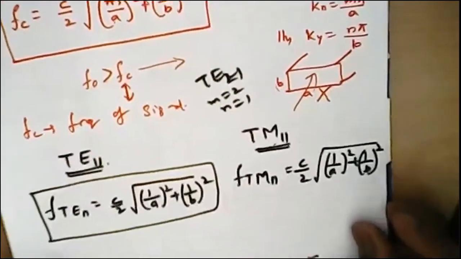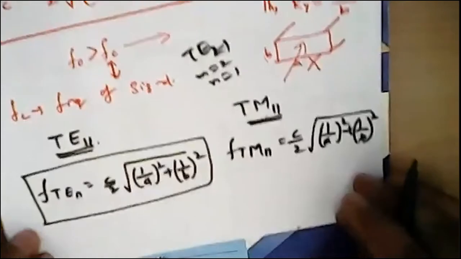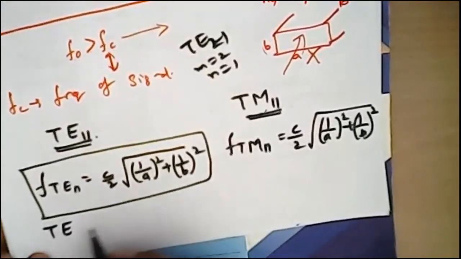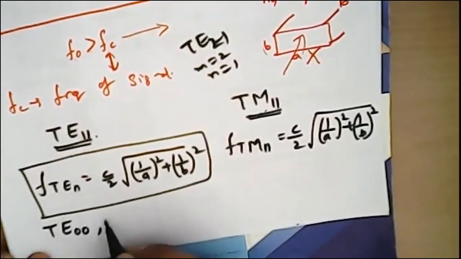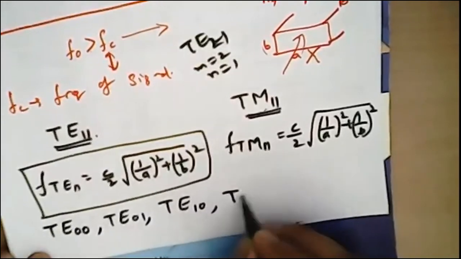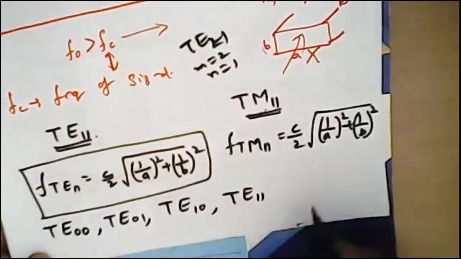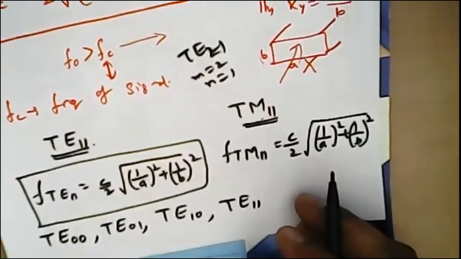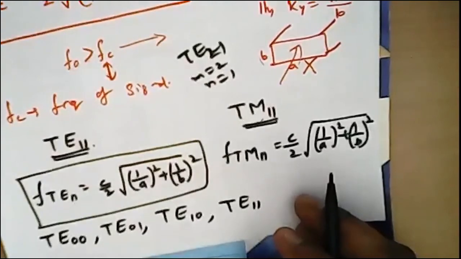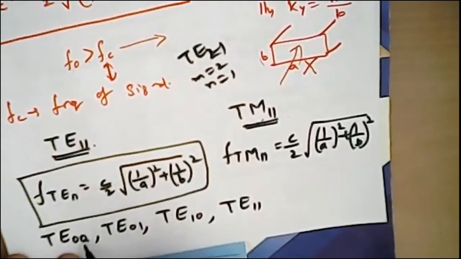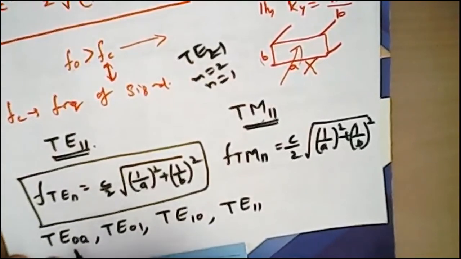One more small clarity: as I have said, for TE modes we have different possible cases, TE00, TE01, TE10, and TE11. Among these four, if you substitute m equal to 0 and n equal to 0, the result is totally 0, so we will not get any mode here.